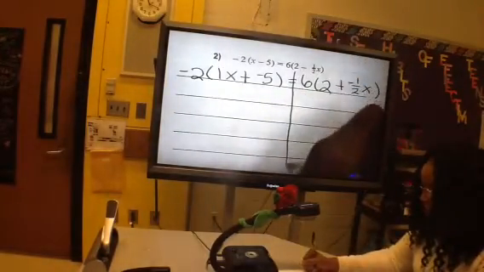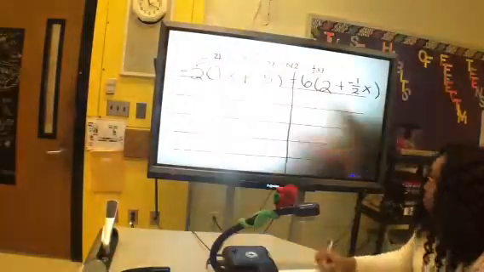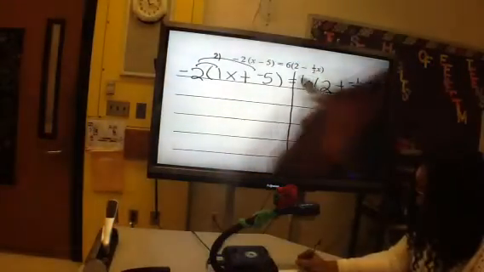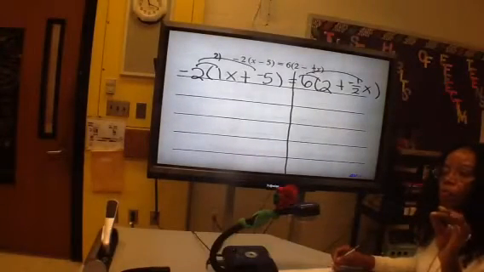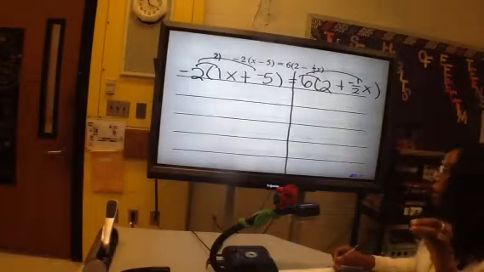Draw your balancing line. You all like to do these, so that keeps you from missing any number to multiply by.